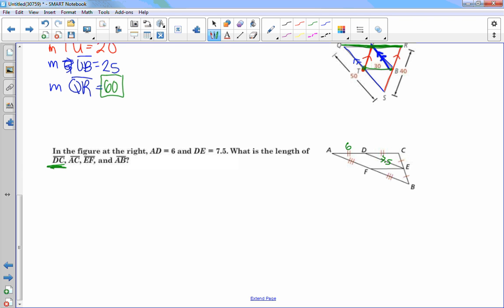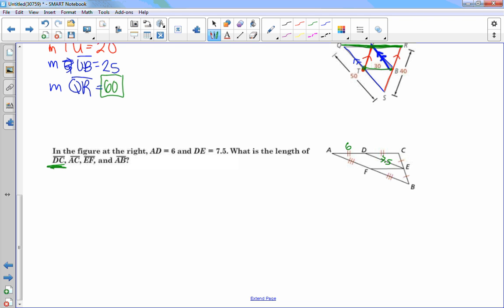Good. DC. How long is the segment DC? Brian, where's DC on the picture? Okay, are there any markings on DC? Yeah, there's 2 lines. Is there another segment that also has 2 lines, which means it's congruent?